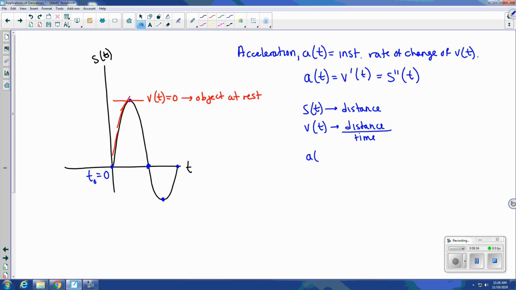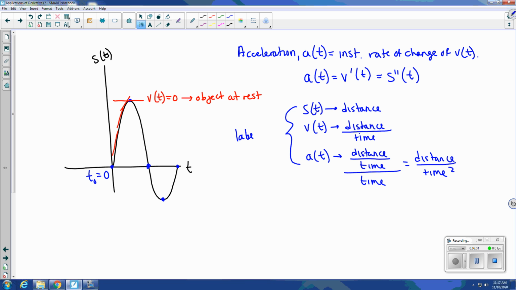For acceleration, we need distance over time because we want the rate of change of the rate of change, which means distance over time squared, because dividing by time is the same thing as multiplying by 1 over time, and that's why you have distance over time squared. So this is all in reference to our labeling for our answers: labeling velocity, acceleration, and position.